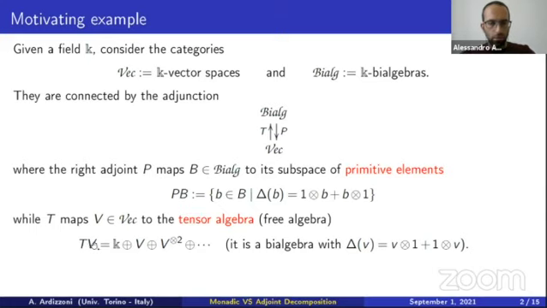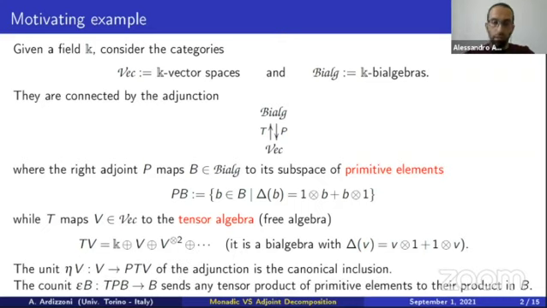It takes a vector space and maps it to this direct sum, which is well known to be an algebra, and it is also a bialgebra where the multiplication is defined in order to be primitive on the elements of V. We can also give explicitly the unit and the co-unit of this adjunction.